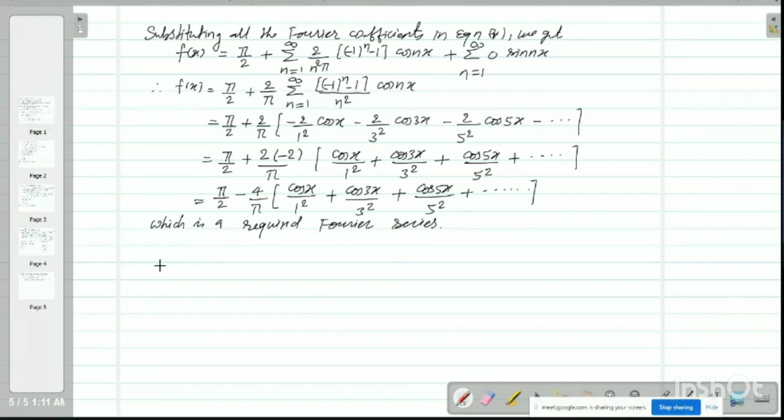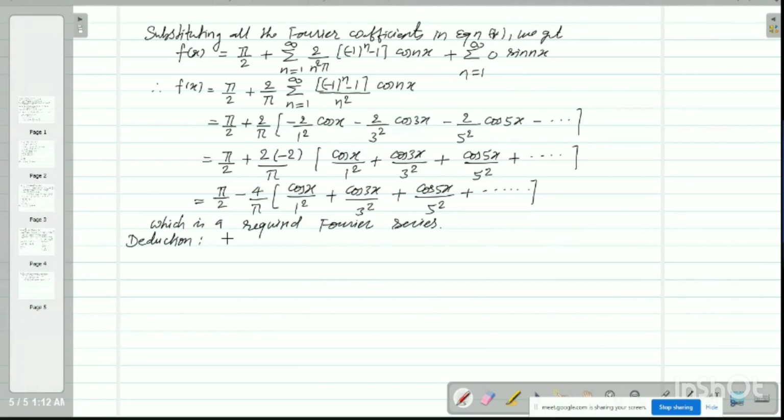Now the deduction part. What do we have to do in deduction? We have to deduce by using this Fourier expansion. For this we have to use Parseval's identity.